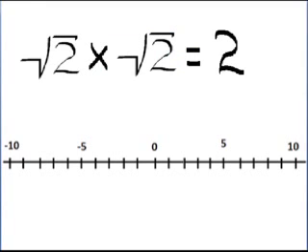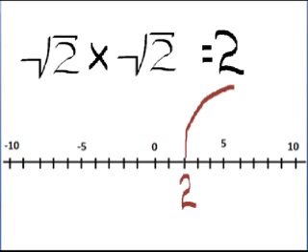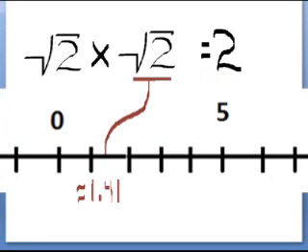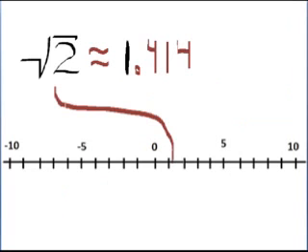Square root of 2 times square root of 2 is exactly 2. Okay, 2 lives right there on the number line. And square root of 2 happens to be correct to 2 decimal places at 1.41. But that's only to 2 correct decimal places. And so the square root of 2 is approximately 1.41. All right, well, let's add another decimal.